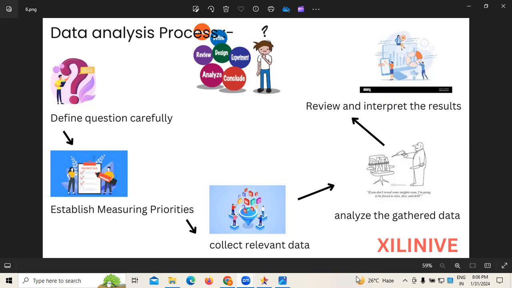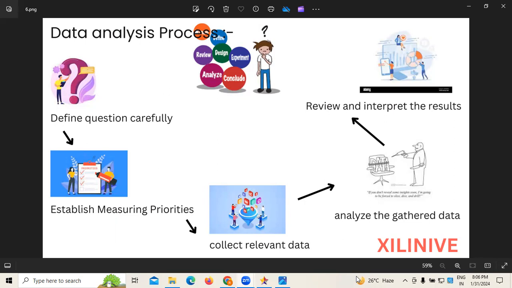Next, we need to establish the measuring priorities, followed by collecting relevant data. Next, analyze and gather the data, followed by review and interpret the results, right?